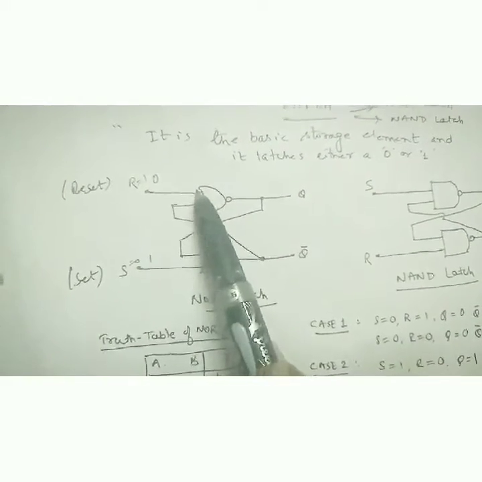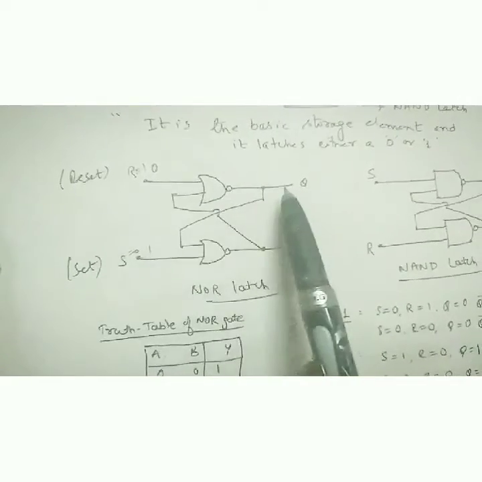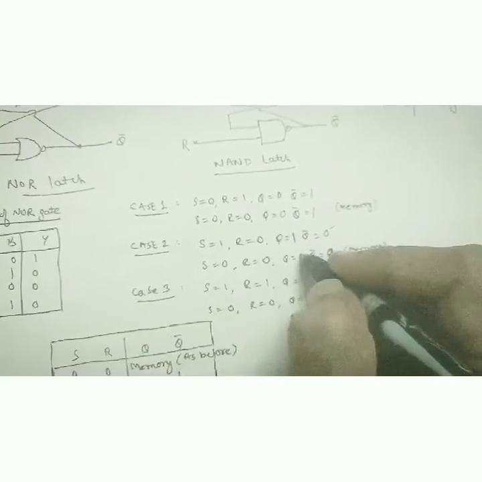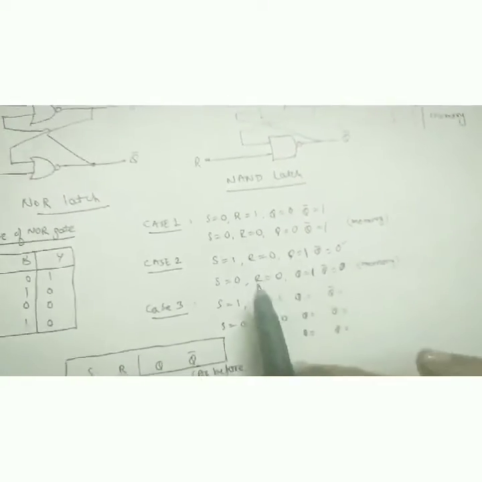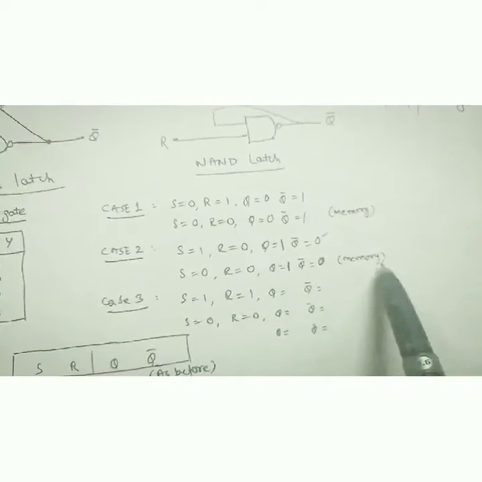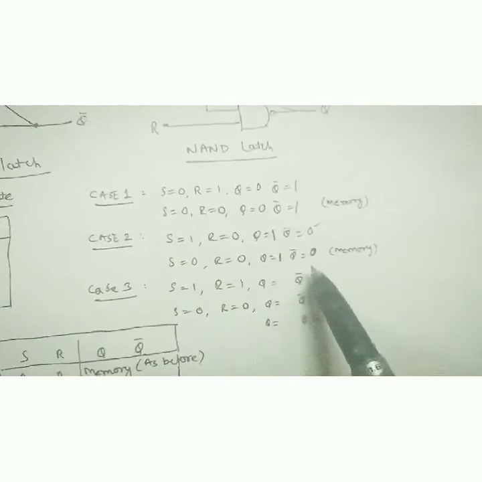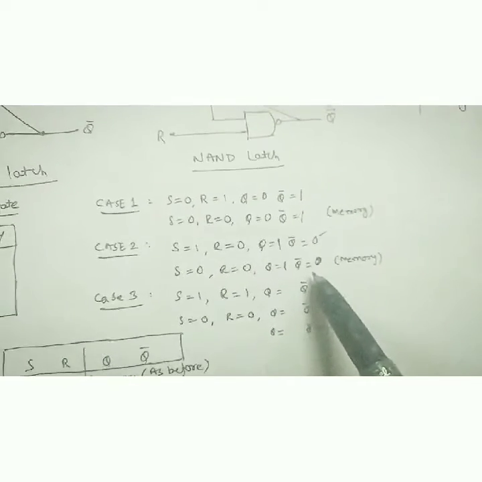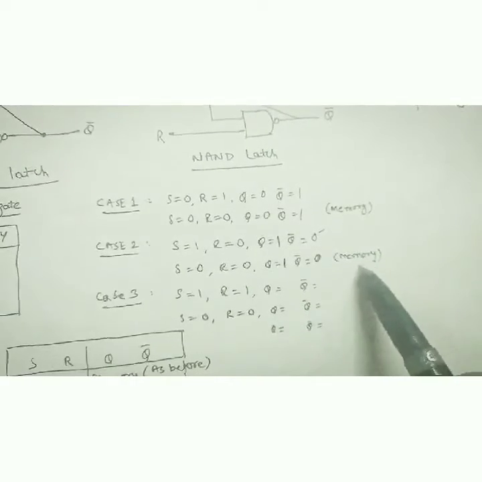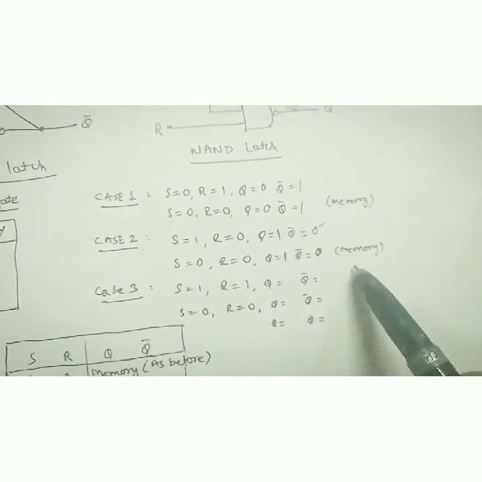Now this is 0 and this is 0, and when both are 0, the output is 1. So Q we are getting as 1. Here I am writing Q as 1. So you can see that this state is known as the memory state, as there is no change in the outputs. This is a memory state, or a no change state.